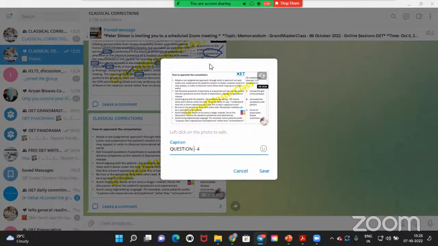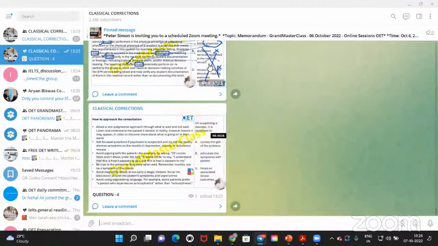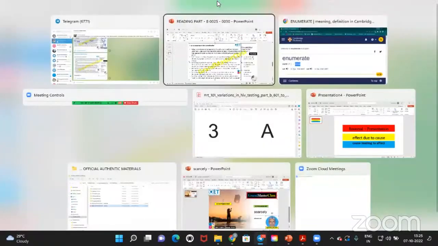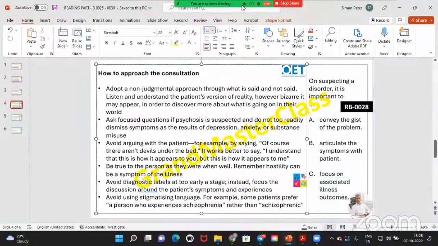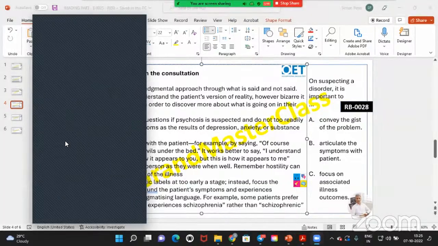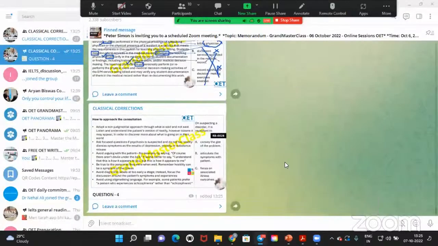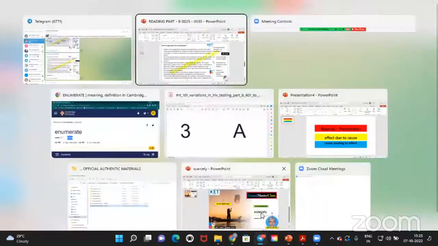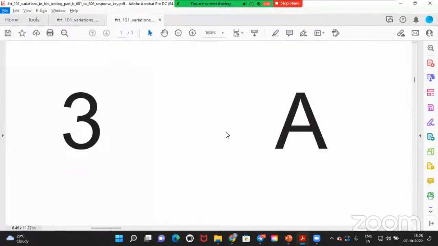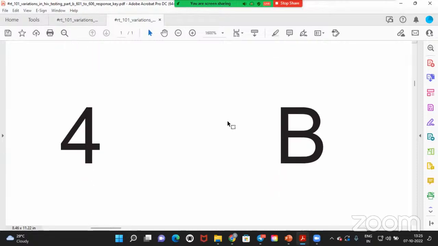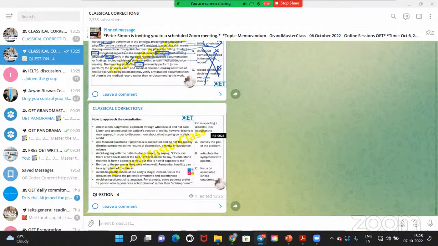So question number 4. Now many students have given the answer. Let me check. Oh my goodness, one-sided. B, B, B, B, B. 5 answers, B. What about the rest? So fourth question, now let us check the answer here. So the answer is B. Absolutely right. Fourth answer is B.